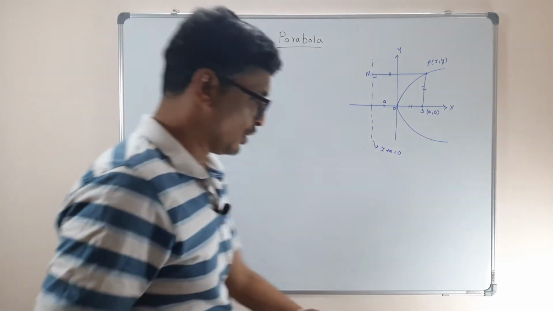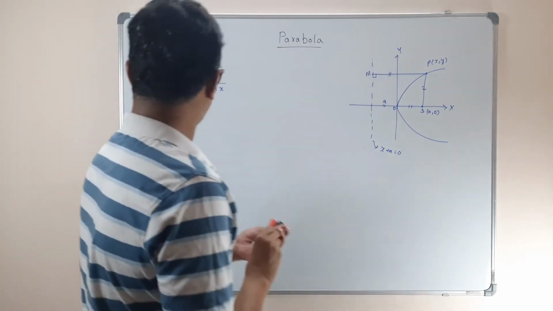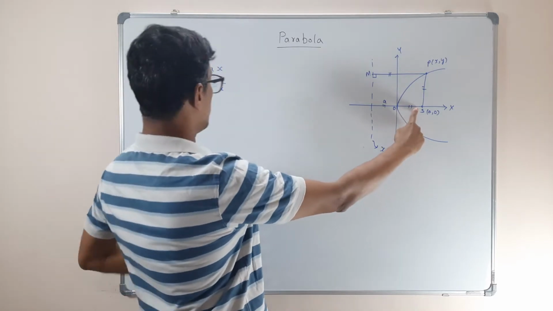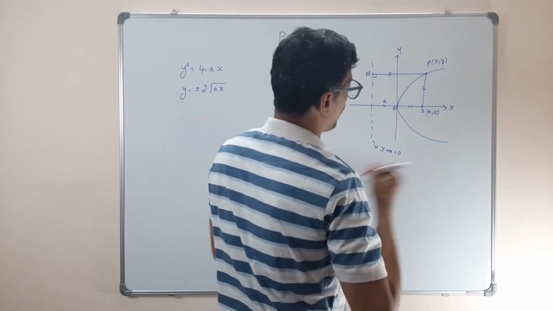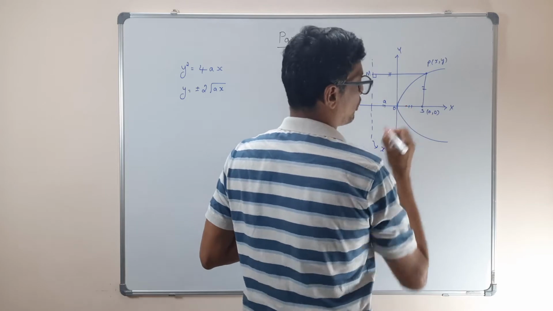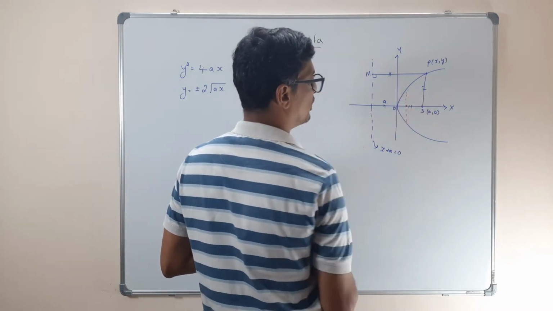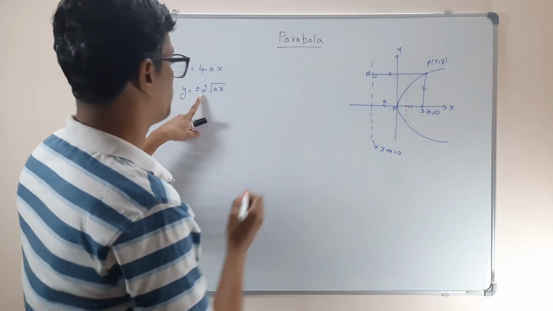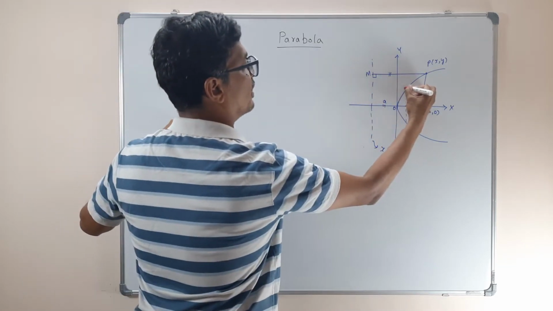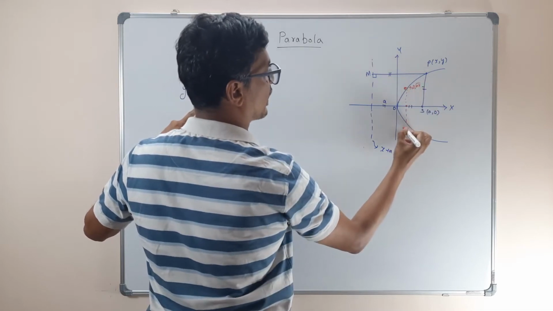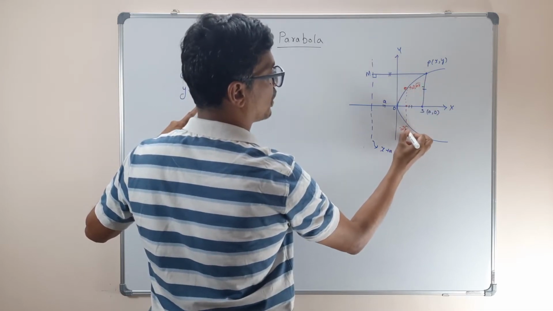So what it says: for every point x, how many y's will you have? Let us say this is one point x. How many y will we have? Two y's. One is plus 2 root of ax and another one is minus 2 root of ax.